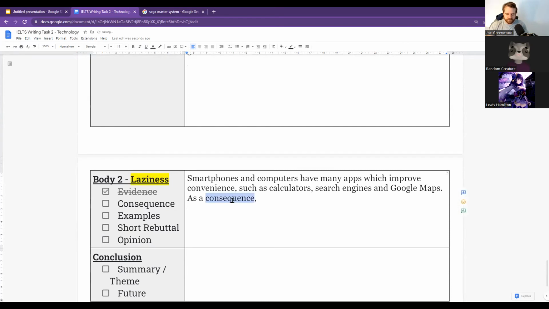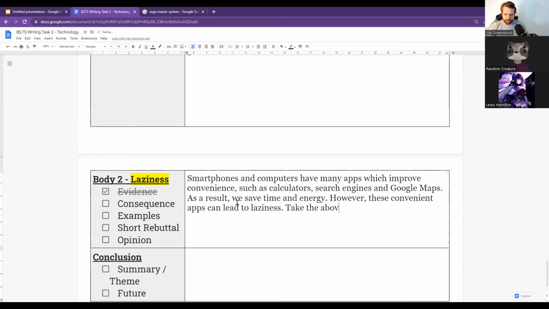What about as a result, because I don't want to say consequence. As a result, we save time and energy. However, I want negative consequence. However, we don't learn those things ourselves. Yeah, these convenient apps can lead to laziness.